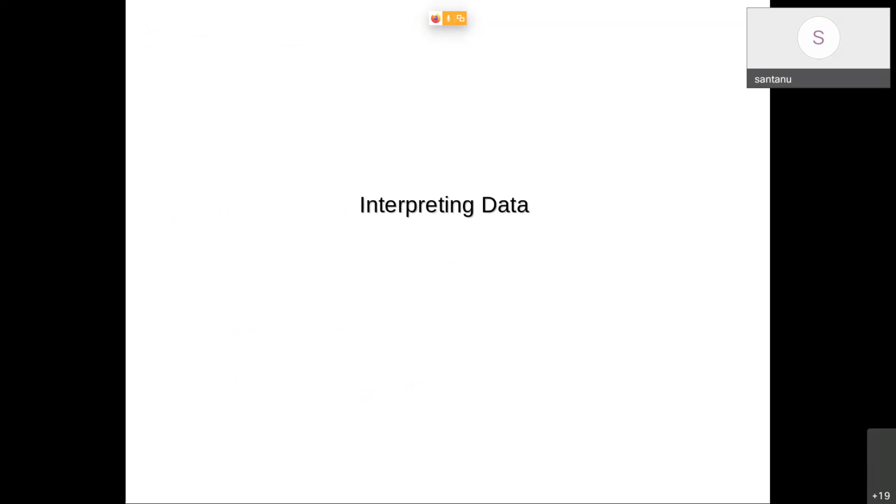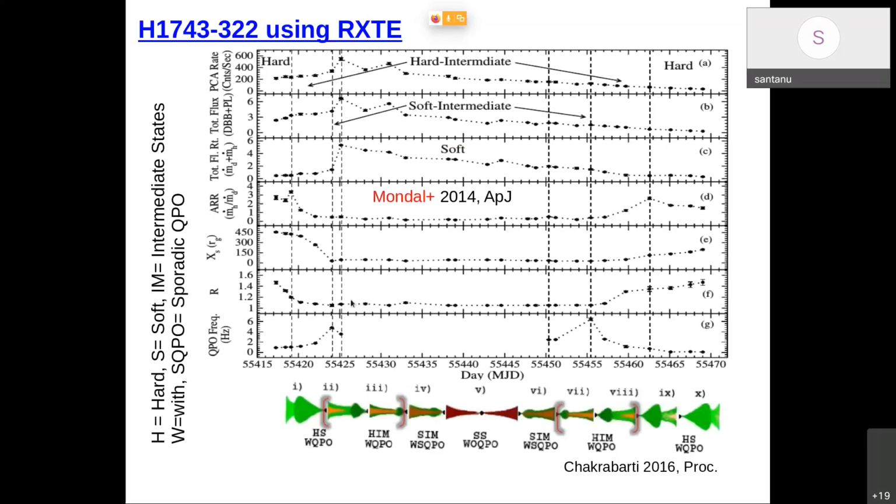So now we'll feed the data. We have fitted H1743-322 observed during 2010 by RXTE. This is the full range data, and you can see how the outburst is progressing. If you look at the excess on the Y axis, initially the corona was quite big and it gradually decreases, and in the soft state it almost disappeared and then again gradually increased in size.